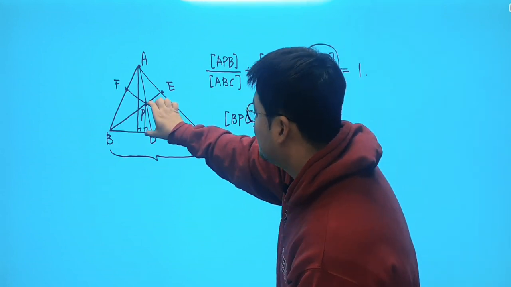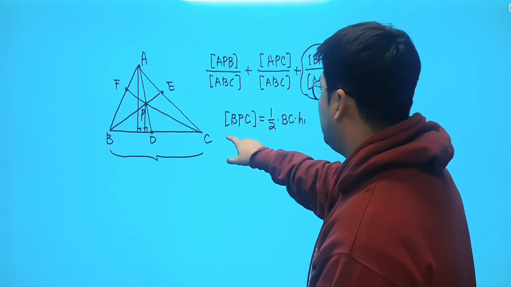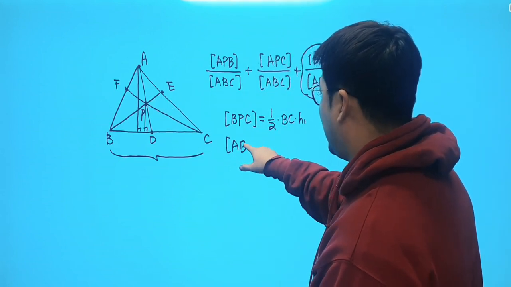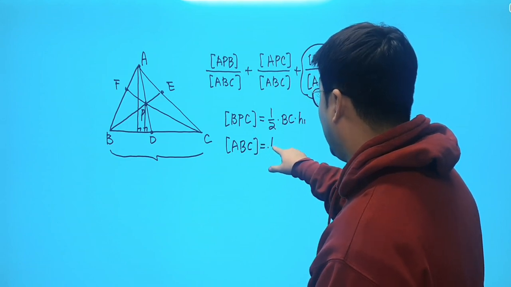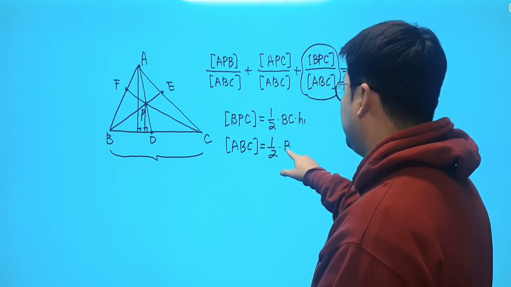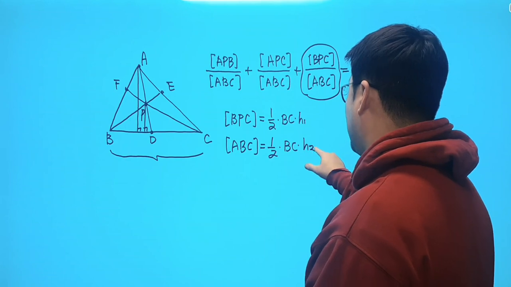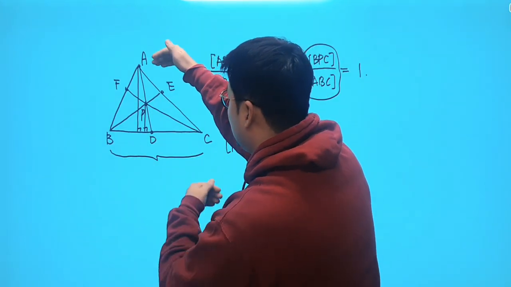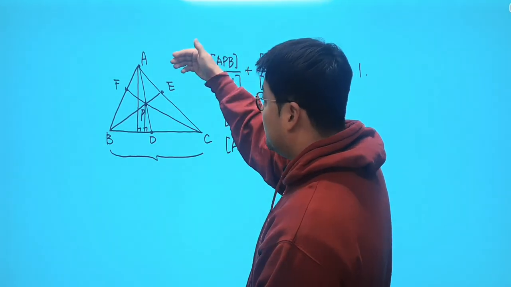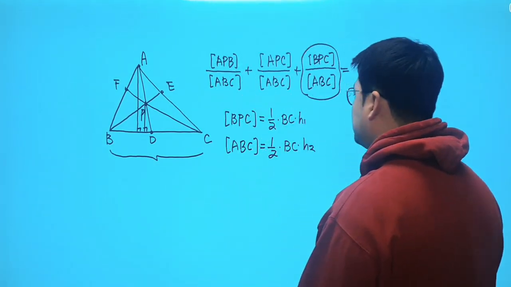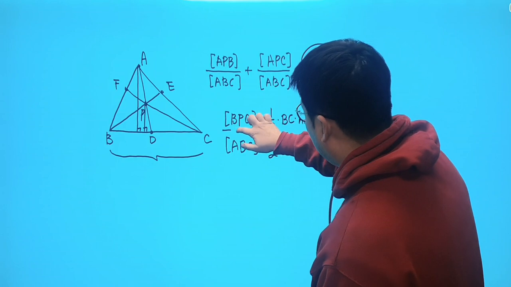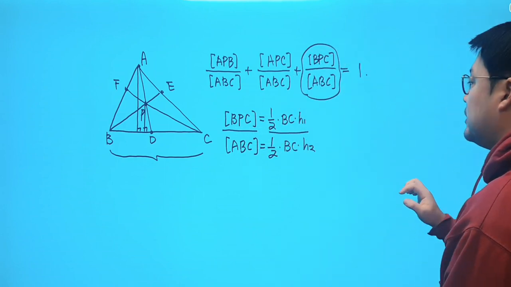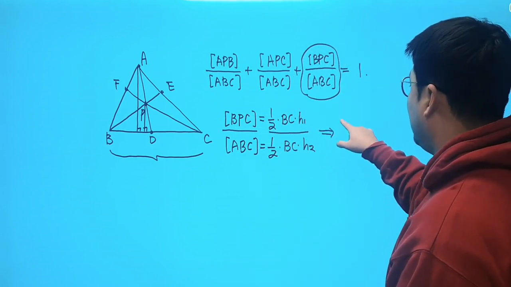I would like to call this the shorter height H1. And you know that triangle ABC has the area of 1/2 times BC times H2. And of course, this H2 corresponds to the length of the altitude from A to BC.